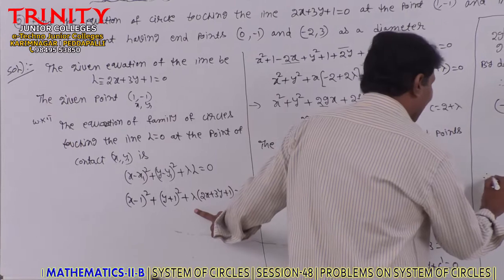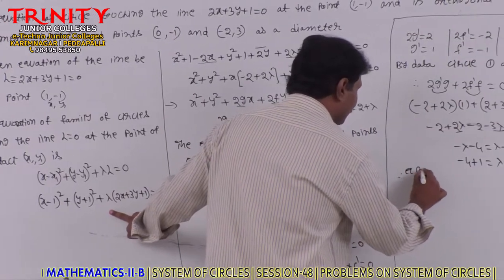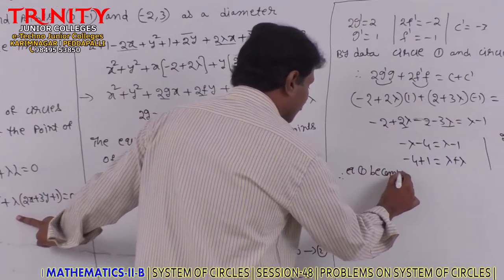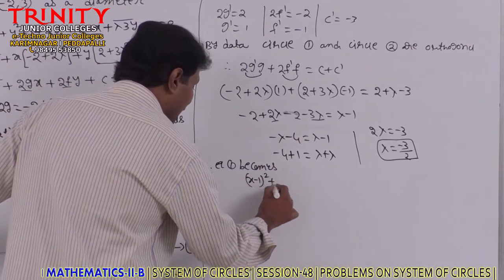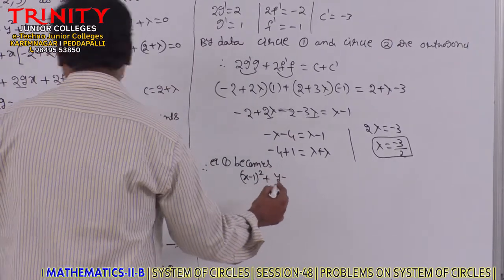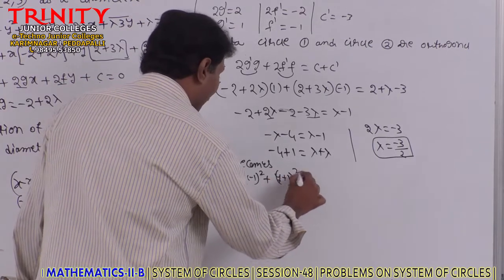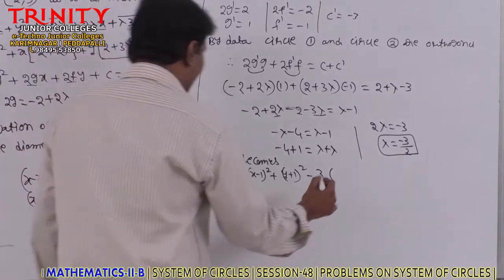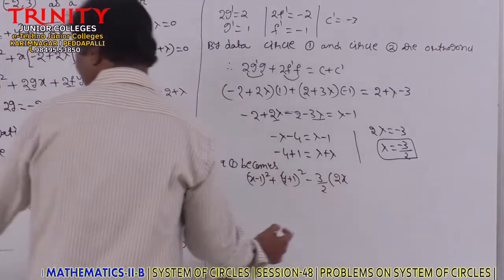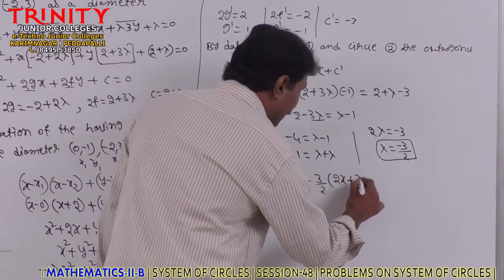Therefore, equation 1 becomes (x - 1) whole squared plus (y + 1) whole squared plus lambda, minus 3 by 2, into (2x + 3y + 1) equals 0.